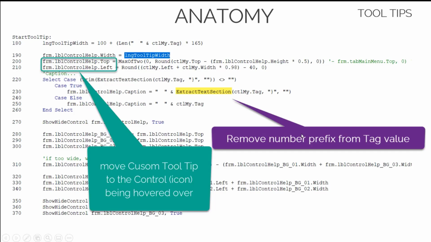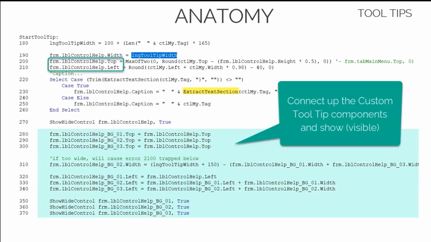Sorry, so we're extracting out that one, which was just for order purposes. And we're moving the custom tooltip to the particular icon that we've hovered over. And we're connecting up the various parts. And then we're also showing or hiding them according to the timer.